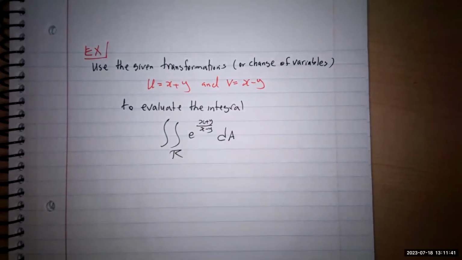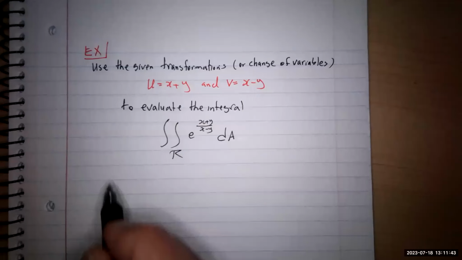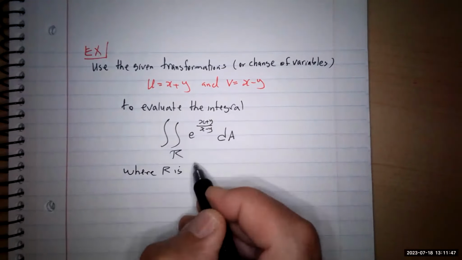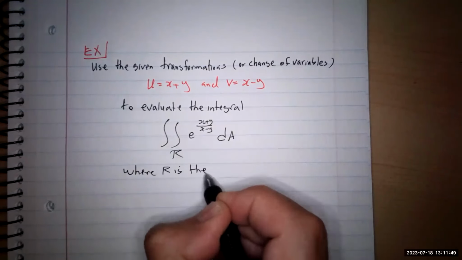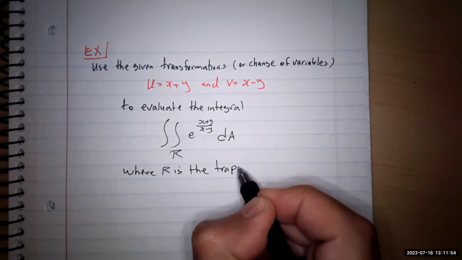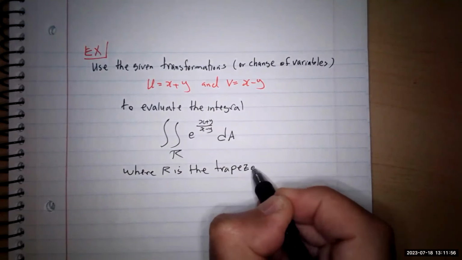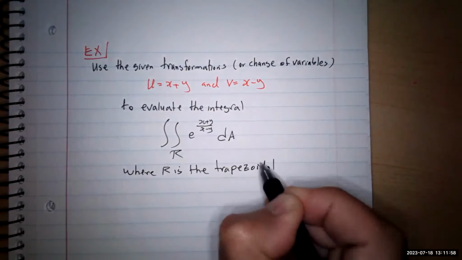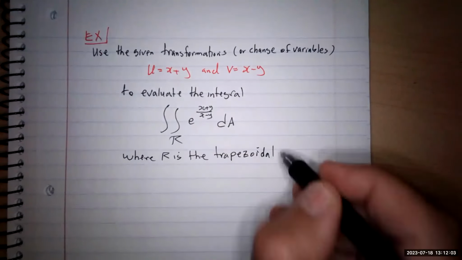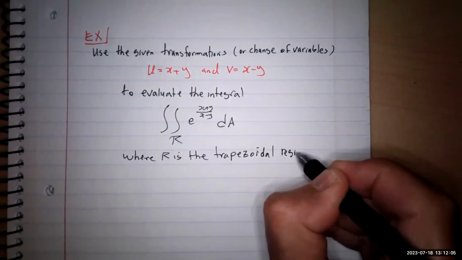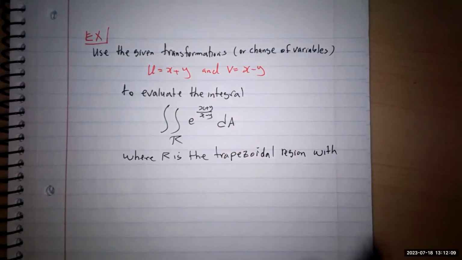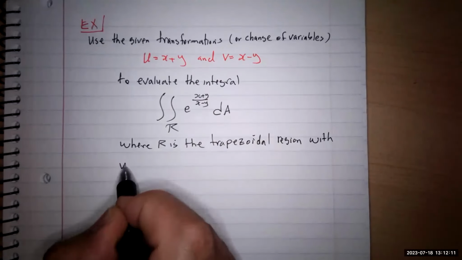But look at R. Where is R? R is a trapezoidal region, like when we say a rectangular region, with vertices.